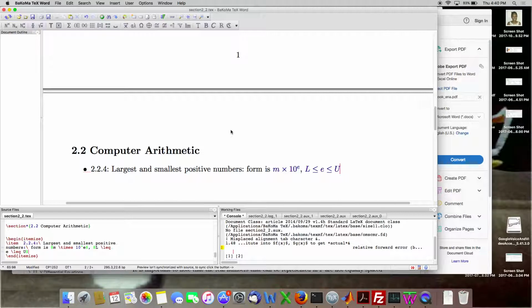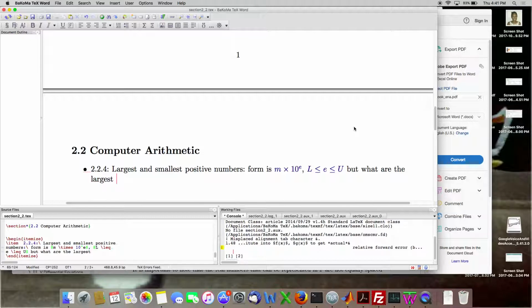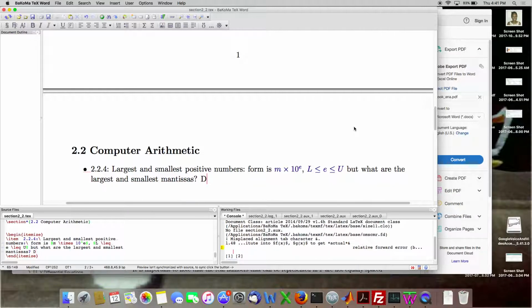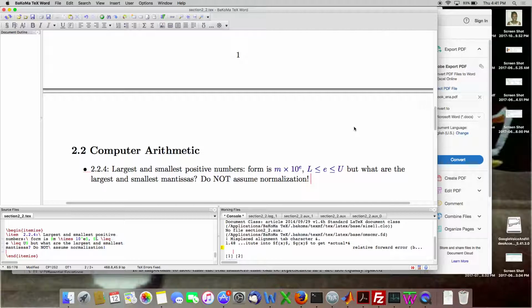Now, I don't think anybody had trouble with the second part of the number, as far as making this largest or smallest. Where people seem to have difficulty: what are the largest and smallest mantissas? Do not assume normalization. In other words, the smallest mantissa is not 1.